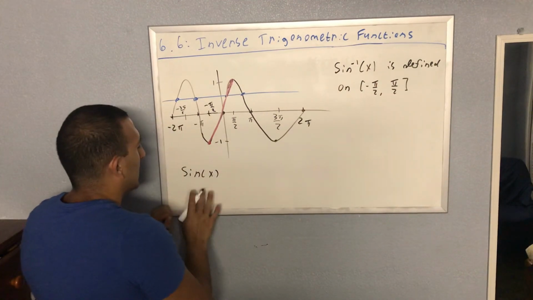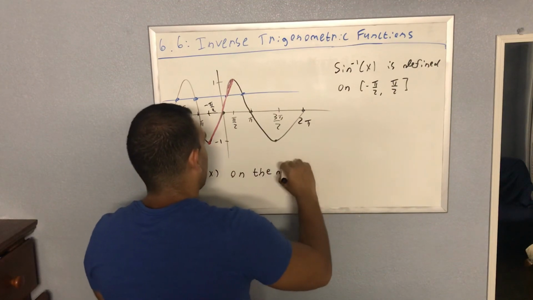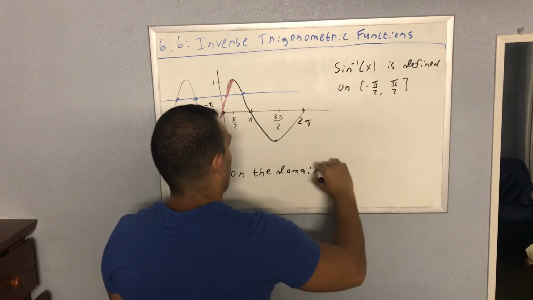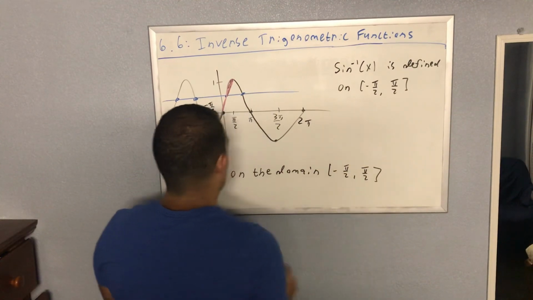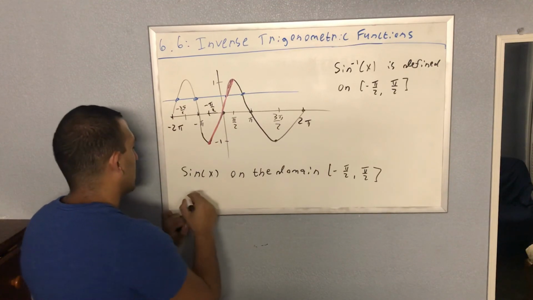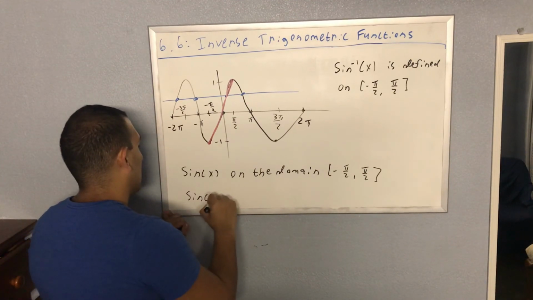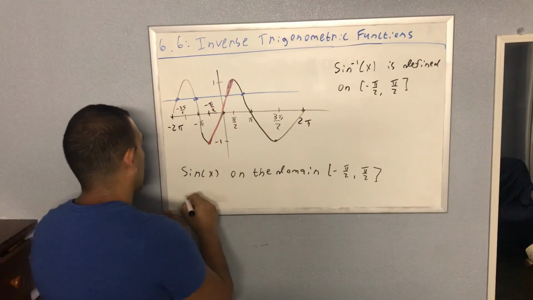So what we're saying is sine x on the domain -pi/2 to pi/2. So this is the domain that we're going to assign here. And on this domain, it has range -1 to 1.